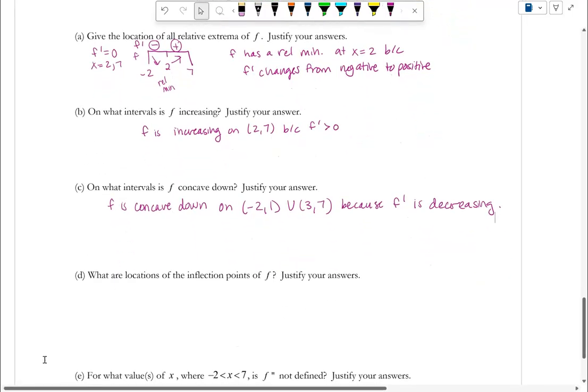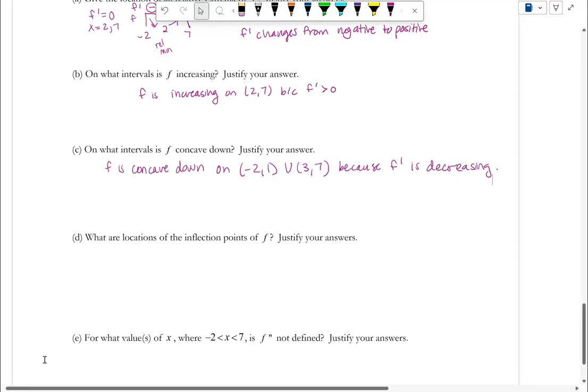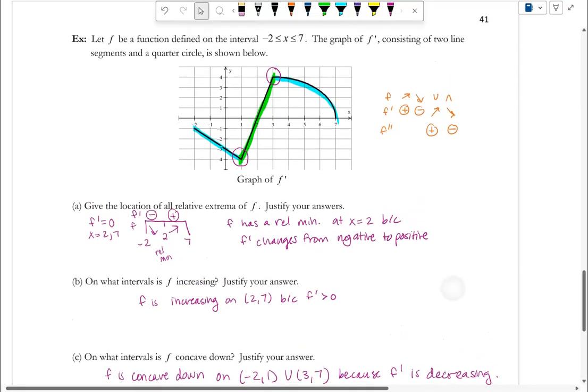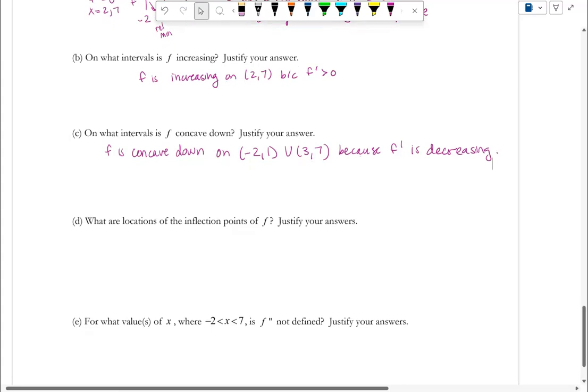All right, in part D, what are the locations of the inflection points of f? Justify your answers. Well, again, we said inflection points happen when we change concavity. That's going to happen anytime the second derivative changes signs, or the first derivative changes from increasing to decreasing or vice versa. So this is happening at 1 and 3.